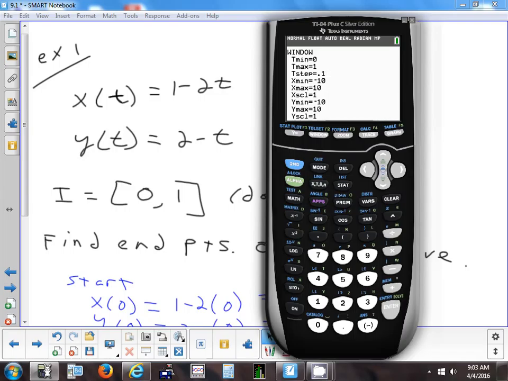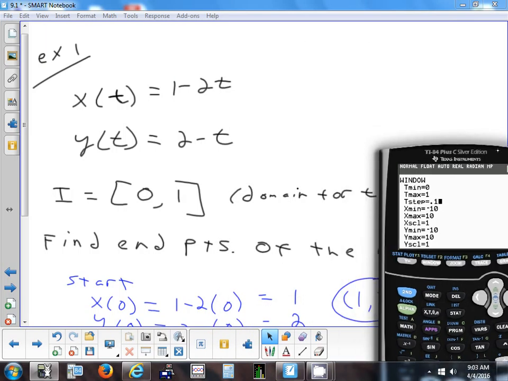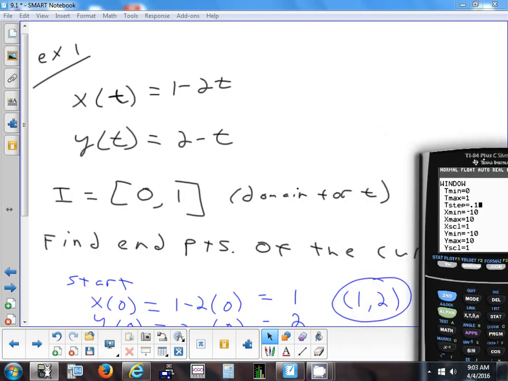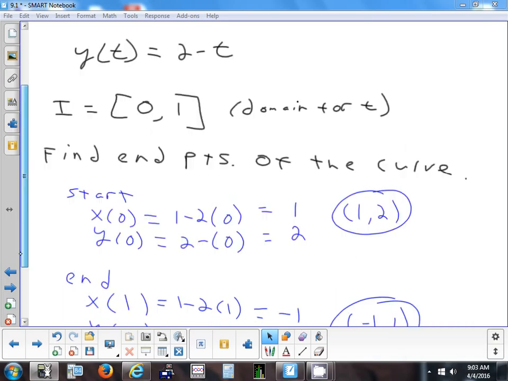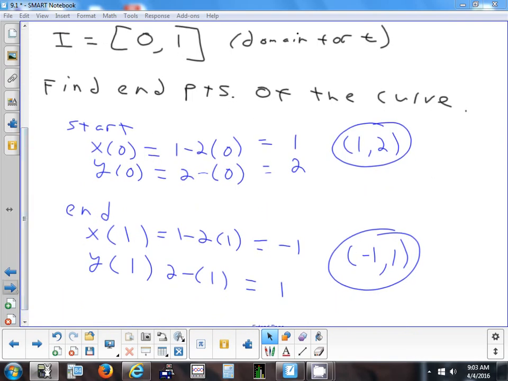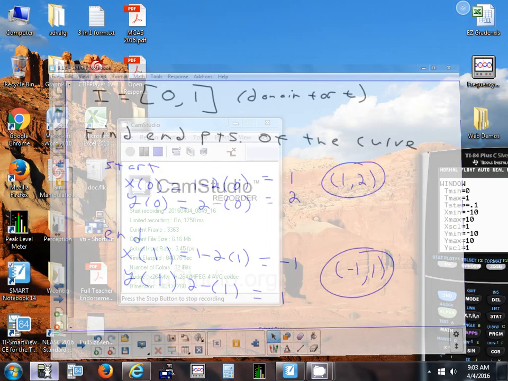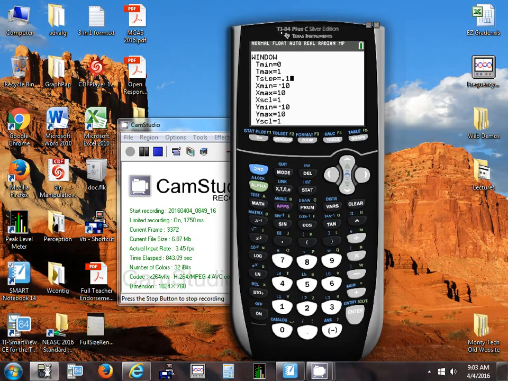Now, make sure the coordinates of your endpoint are going to be in that window. They are. I've got 1, 2 for my start, and -1, 1 for my end. So let's make the window a little smaller. Make it -5 to 5 on everything. This is just to show you the picture a little bigger.